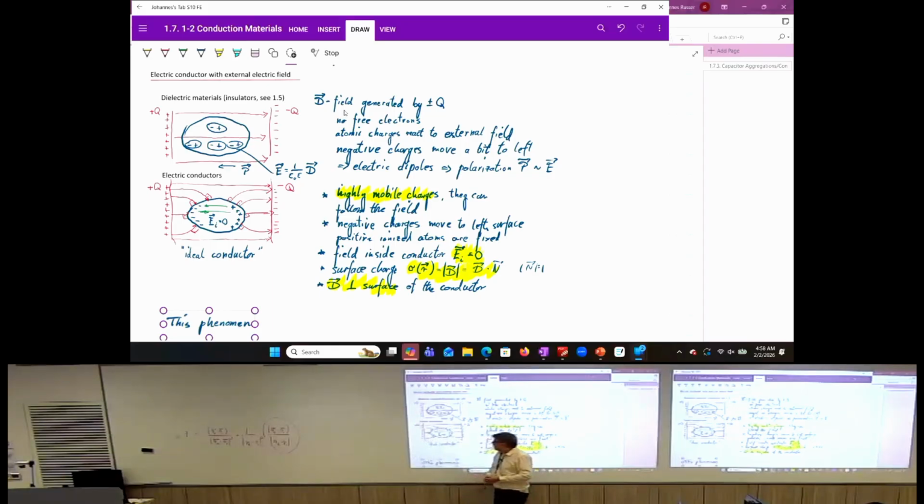Also, if you have a conductor, the electric field line will always enter from outside. On this boundary, it will always enter perpendicular. Why is that? Because at the interface, there can be only a normal component of the electric field, which makes sense, because if you had any tangential component, that would imply at the interface you would also have a tangential electric component inside. But we just said inside a perfect conductor, there can be no electric field.